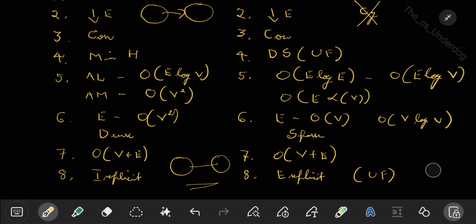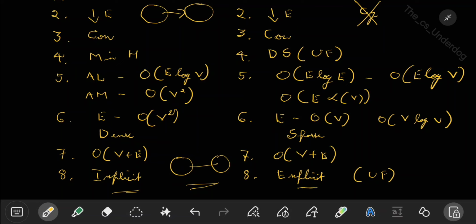So you want to form an edge between disconnected components. Because of this, you are using the disjoint set data structure in Kruskal's algorithm, and whenever you are selecting an edge, you have to specifically make sure that a cycle is not present. So you can say cycle detection is implicit in Prim's algorithm while it is explicit in case of Kruskal's algorithm.